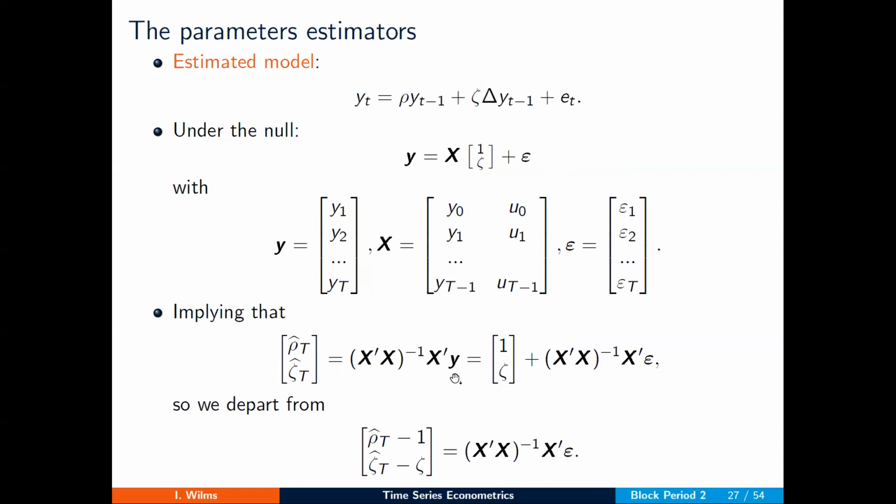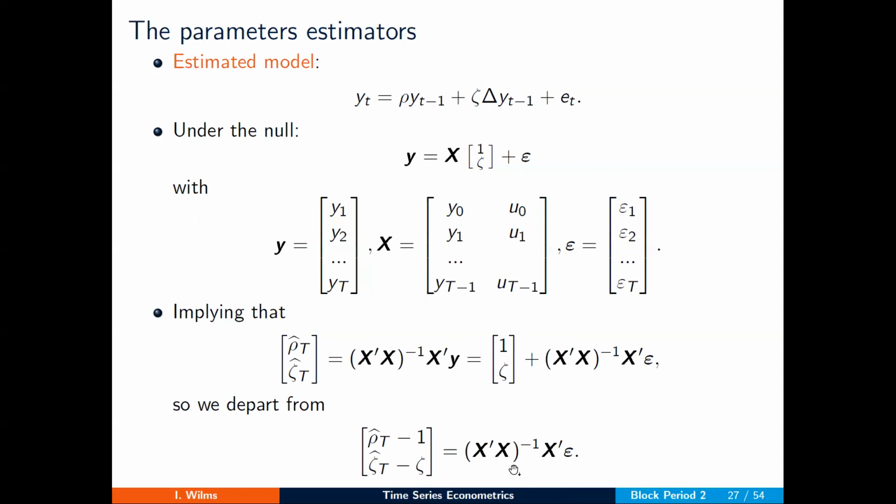We plug in the DGP under the null, so the expression for y under the null, to arrive at our key expression, estimator minus the true population parameters. And we need to look for the appropriate asymptotic rate of convergence, as we always do. So we need to introduce the appropriate scaling to get the probability limit of X'X, or of X'X inverse. And we need to introduce the appropriate scaling for this cross product to converge in distribution.